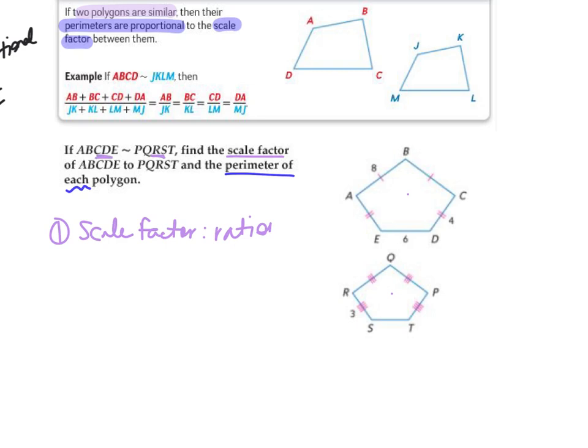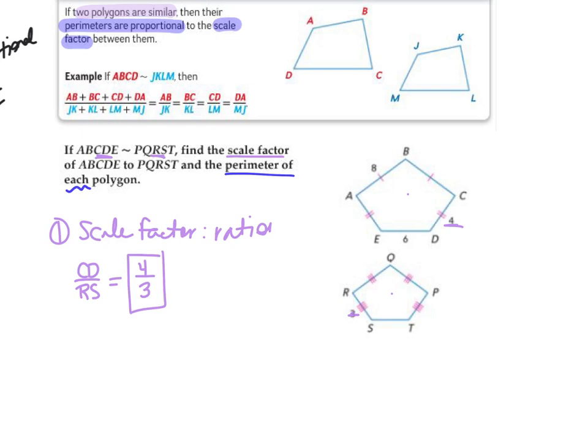So RS corresponds to CD, but look at the order that we need to go in. ABCDE to PQRST. So start with CD first, and then RS. Plug in those numbers, 4/3, and then here we have our scale factor, okay?